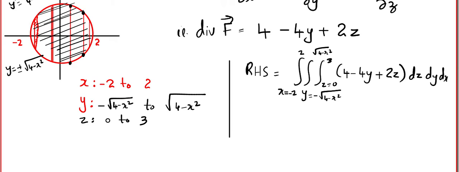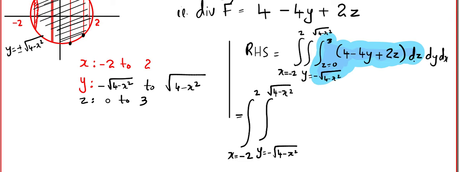Same logic from second semester: you have to evaluate the inner integral first, which is with respect to z. When you integrate with respect to z, z is the only variable, so x, y, everything else, this whole thing is a constant.